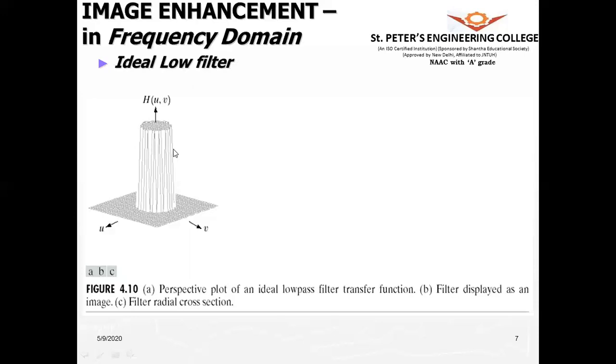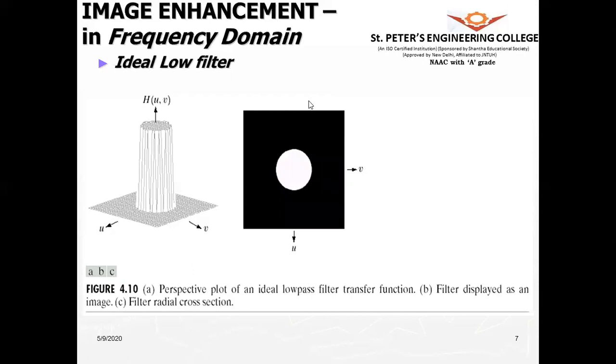Let us look at the filter image. The filter is displayed as an image here. Here, the white portion is the pass band and the black portion is the stop band. This is the normal figure we use to represent the pass band and stop band.